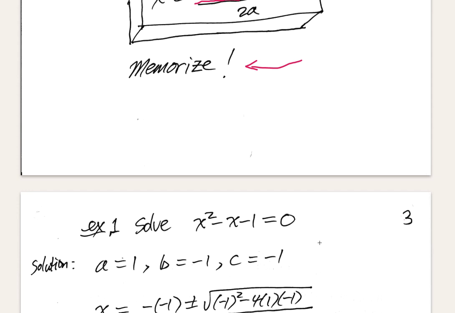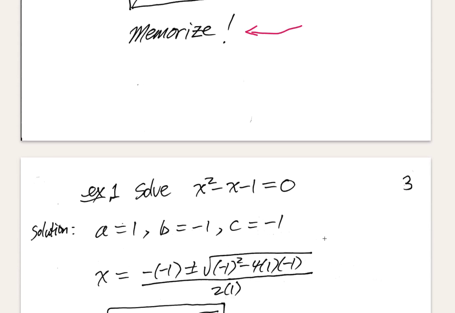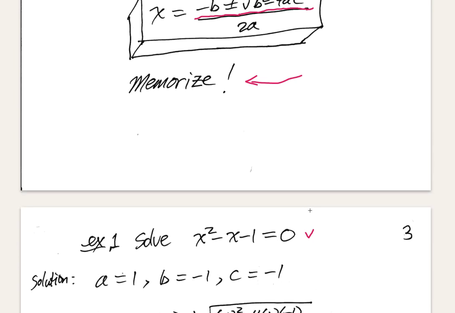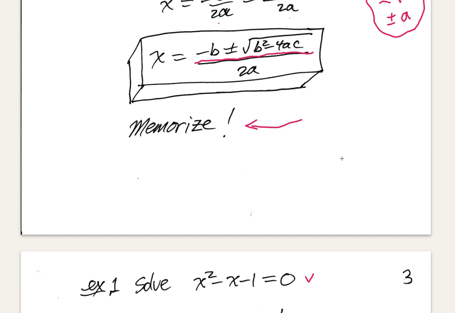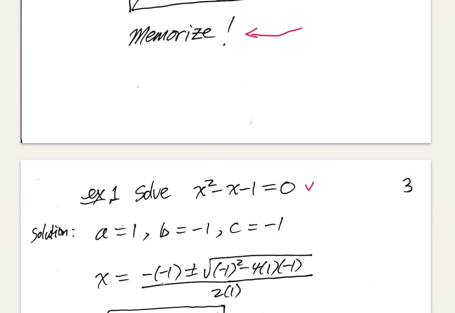Let's take a few concrete examples here. Let's solve this quadratic equation. x squared minus x minus 1 is equal to 0. Okay, we just have to read off the parameters. a equals 1, b equals negative 1, and c equals negative 1, and plug those into the formula right up here, okay? So we get what? Negative b would be negative 1 plus or minus the square root of negative 1 squared.